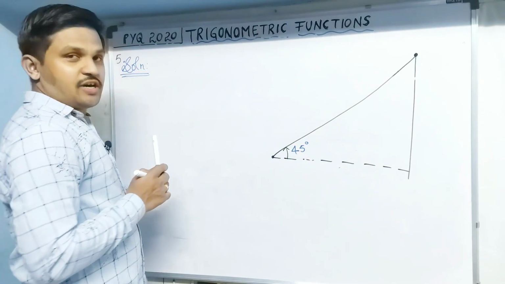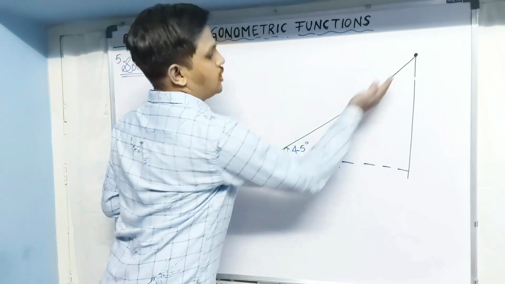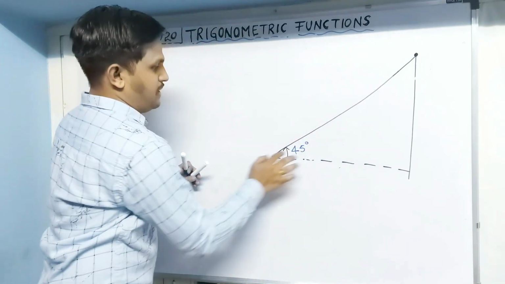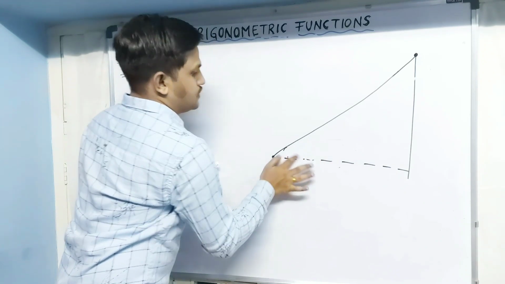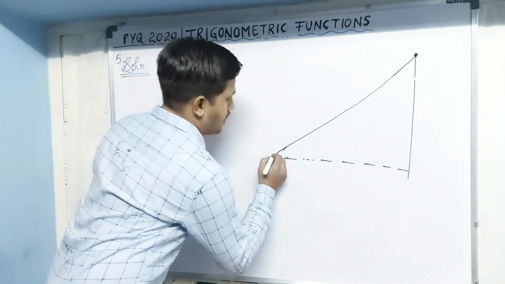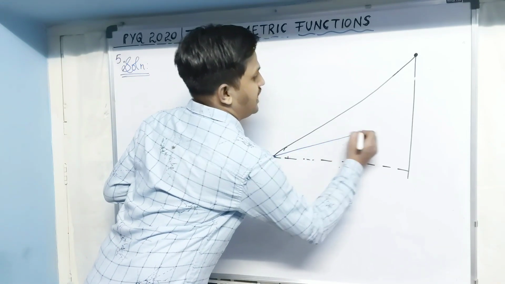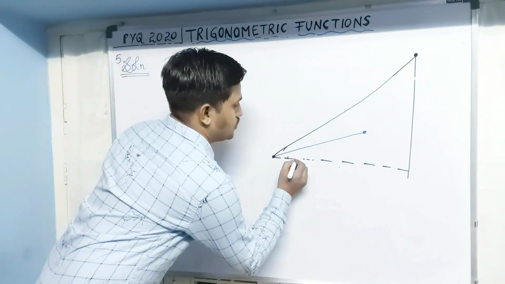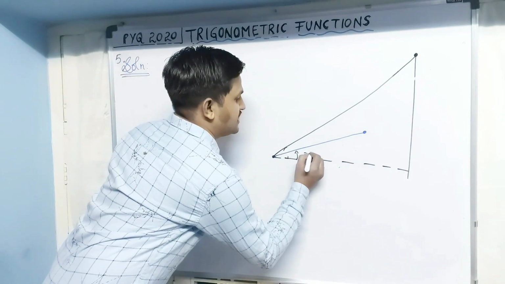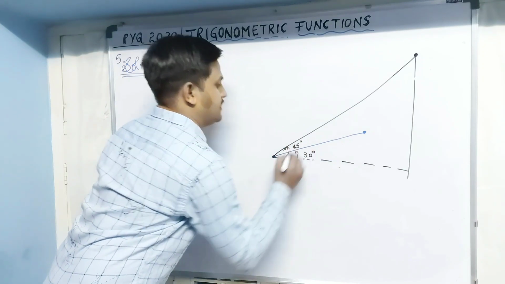Now after walking a distance of 80 meters towards the top up a slope, let me draw this. He has moved a distance of 80 meters with an angle of inclination. Here the angle of inclination is 30 degrees and this complete angle is 45 degrees.